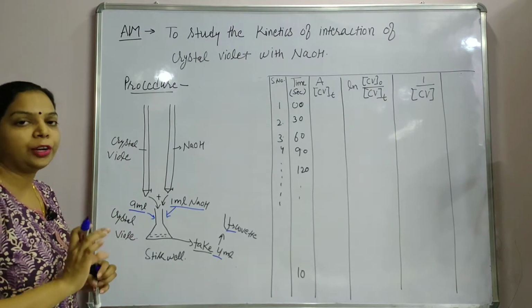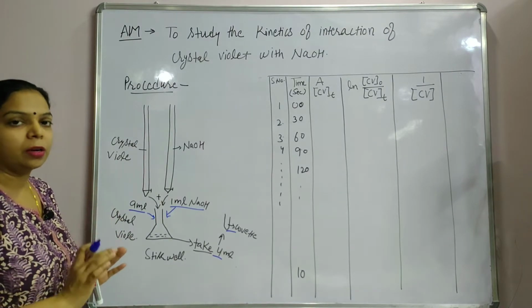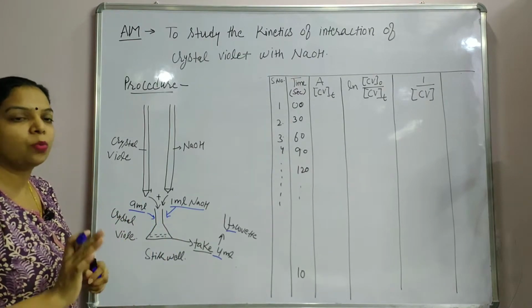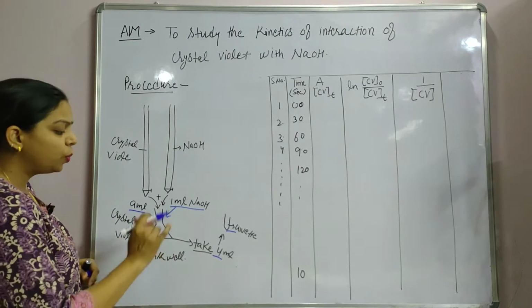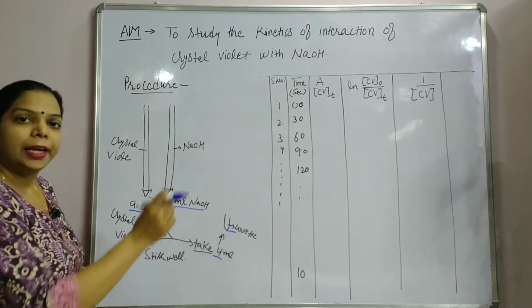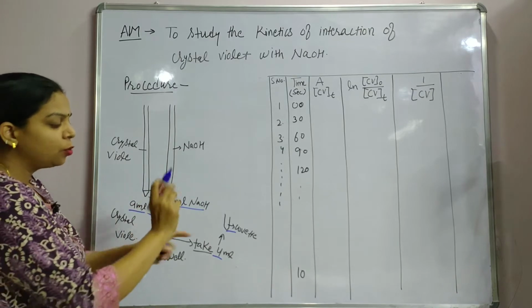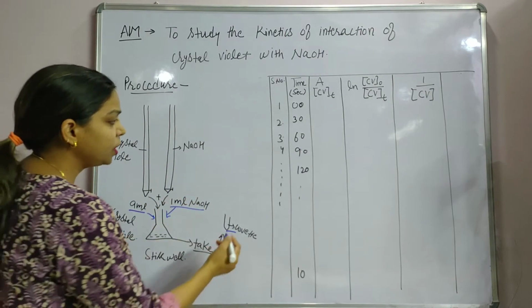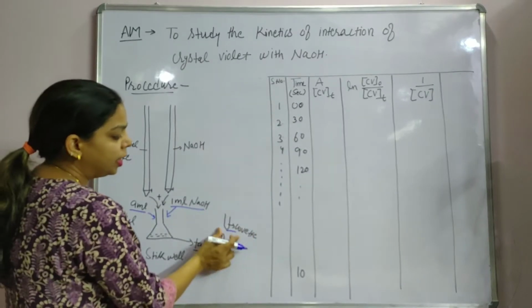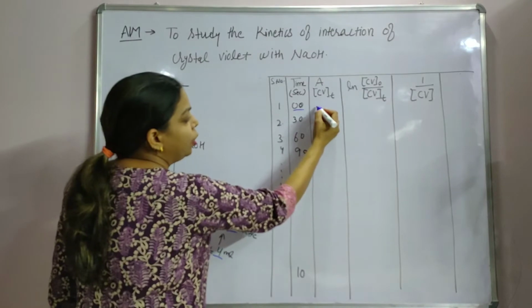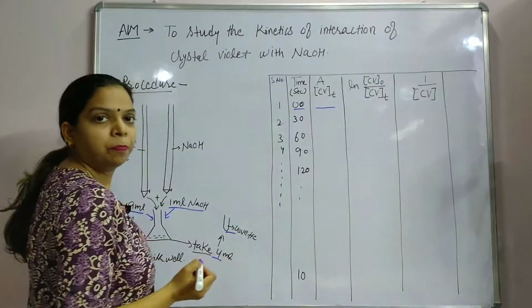The blank solution used here is distilled water, because all the solutions are prepared in distilled water only. So you will set the zero setting with the blank solution, then put this reaction mixture into the cuvette. Immediately note down the time and start the clock watch. The time when you put it initially, consider that time as 0, and immediately note down the absorbance.